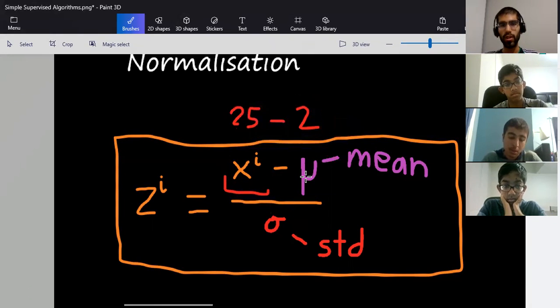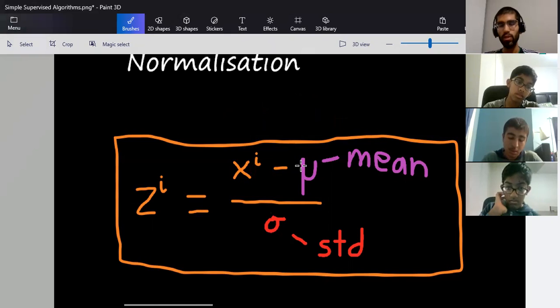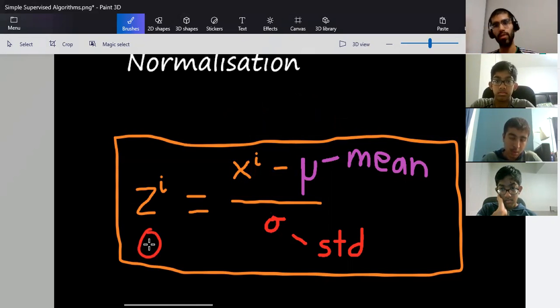So that's one piece of intuition about this formula. If the current value is equal to the average value, then the output is just going to be 0. So in fact, when we normalize data, the average value that we get is 0, and then a few values that are above 0 a little bit and below 0 a little bit.